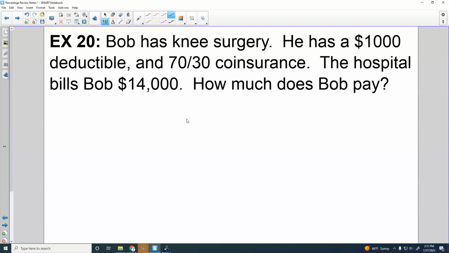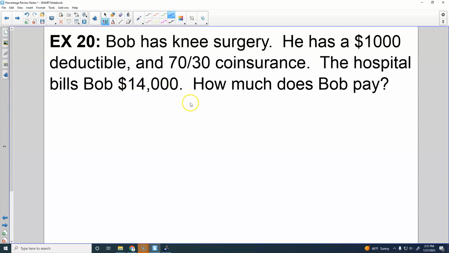So this is how it works. Until you meet your deductible, you have to pay the whole thing, right? So if your deductible is $1,000, you're going to have to pay the first $1,000 of your medical bill out of pocket. So Bob here, who has had knee surgery, his knee surgery was $14,000.